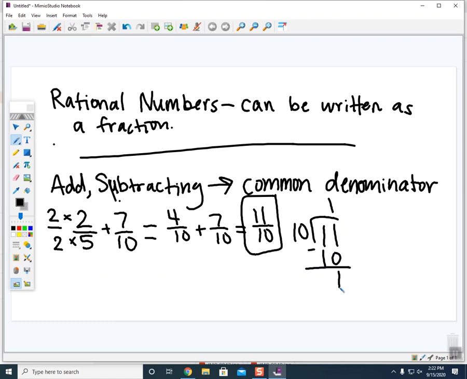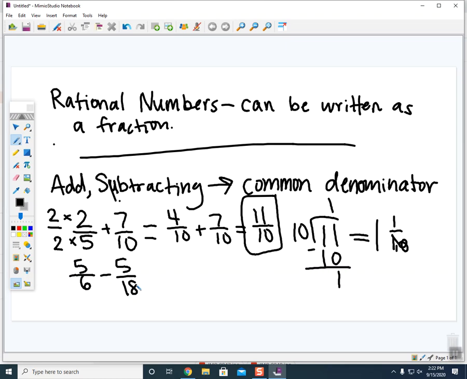Okay, when I divide, I am left with 1/10. So this is the same as 1 and 1/10. This would be the same if I were subtracting. So I could do like 5/6 minus 5 over 18, something like that.